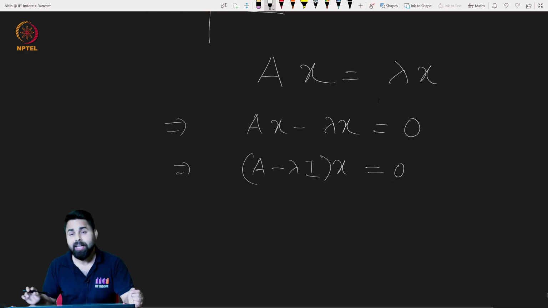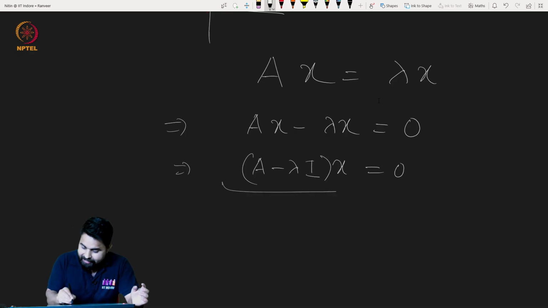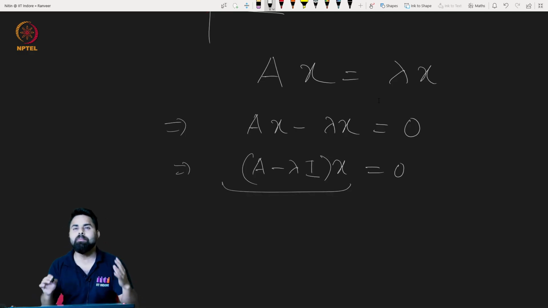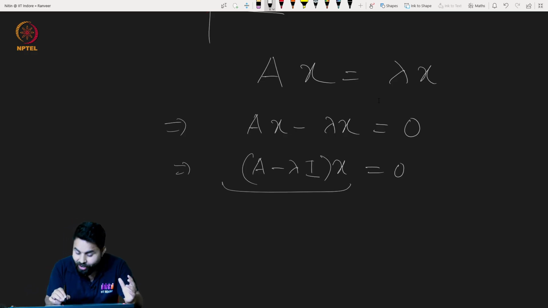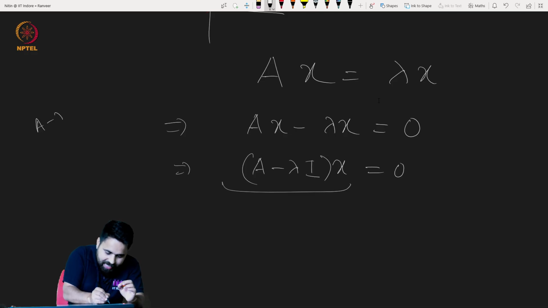We have seen this earlier also. This is nothing but some linear combination of the columns of A minus lambda I. Suppose these are the columns: the first column, the second column, and so on up to the nth column.